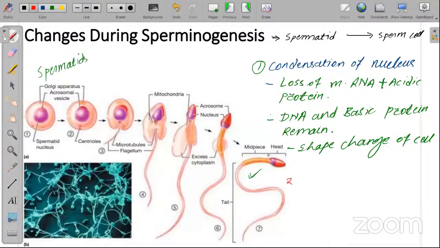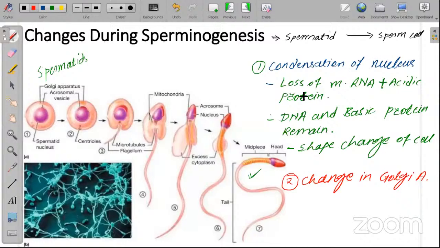changes in Golgi apparatus. So my question, no one answered me, so मैं ही इसका आंसर दे देता हूँ. Actually, our genetic material, that is the genetic material of human beings, is DNA.